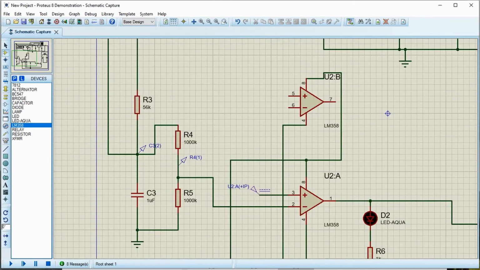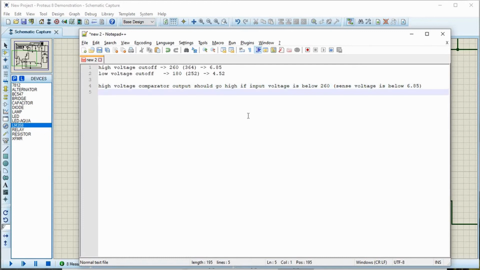So here my logic will be for low voltage: output should go high if input voltage is above 180, that is, voltage is above 4.52.